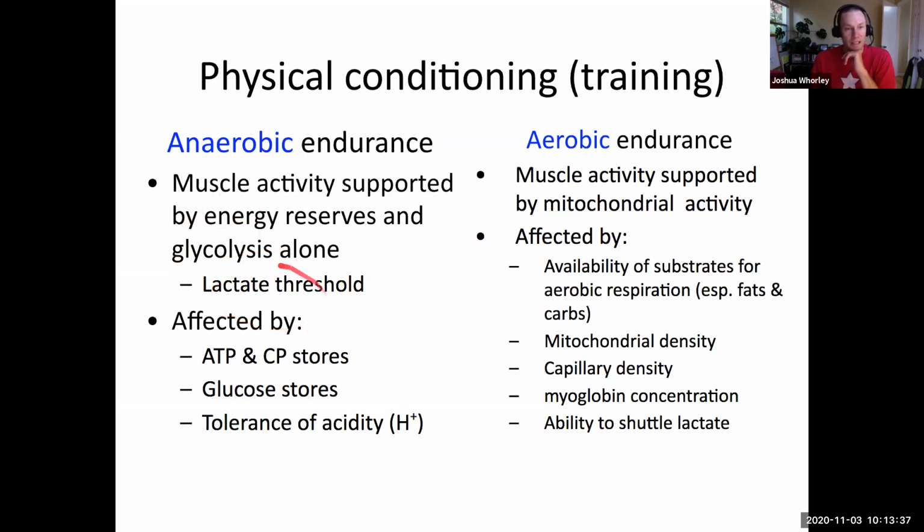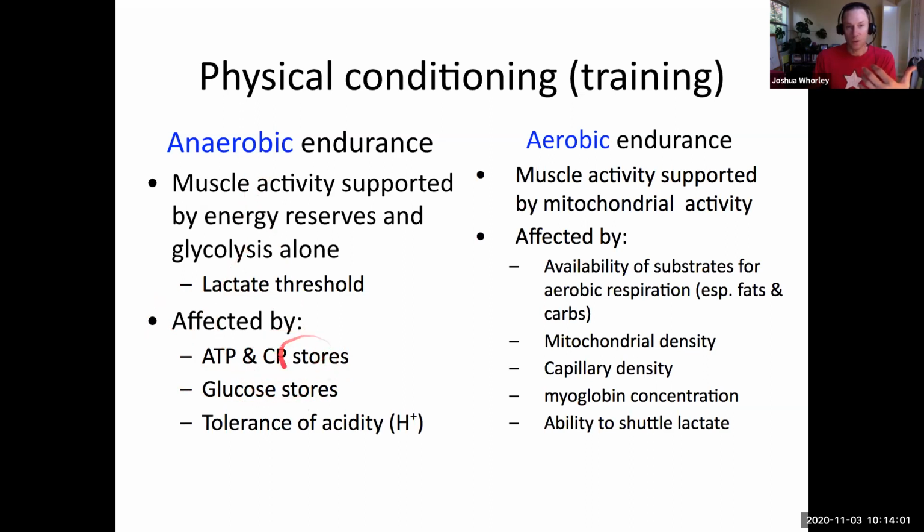That's called your lactate threshold. And this is affected by, of course, all the things that you just need for glycolysis, like your ATP and creatine phosphate stores, or the things you need to generate ATP quickly. So if you just increase your stores of ATP and creatine phosphate, you're increasing your anaerobic endurance, right?